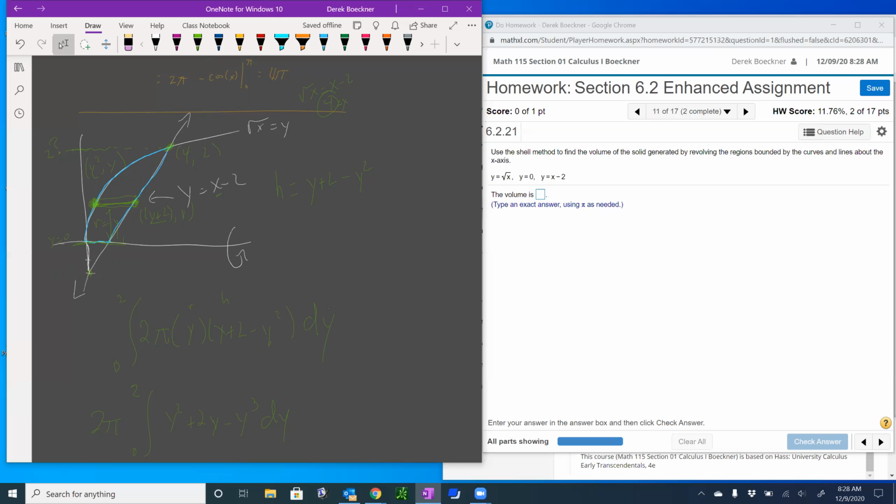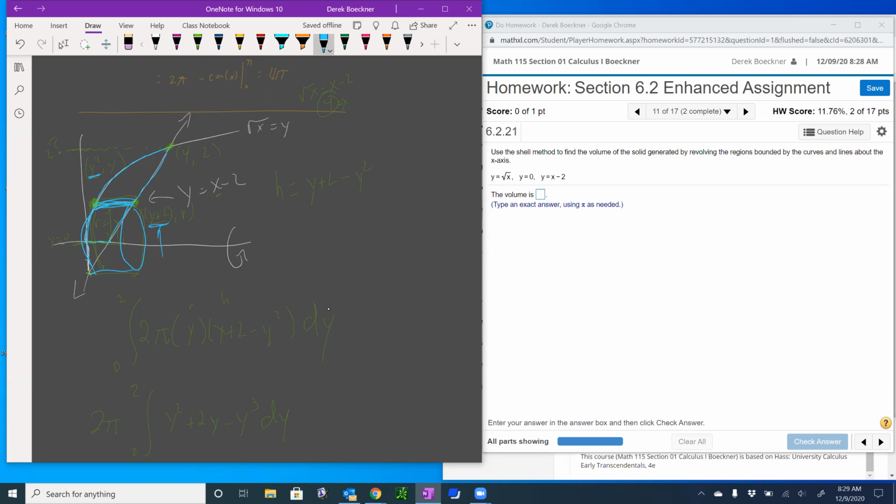Just the height. So the height of this shell, right? My shell here is like that shape right there. But the height of it is the length of that strip. And that strip is a change in the x values, right?